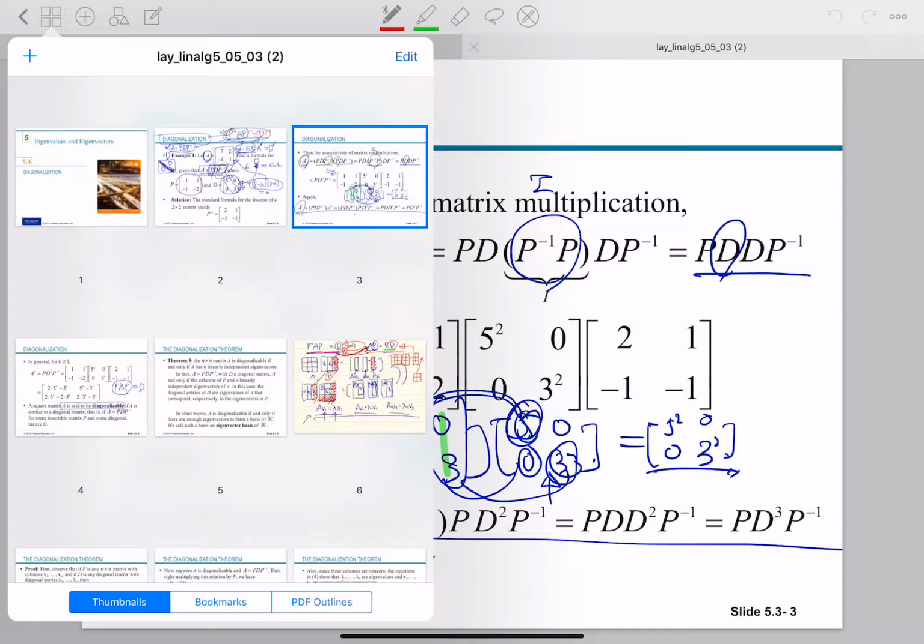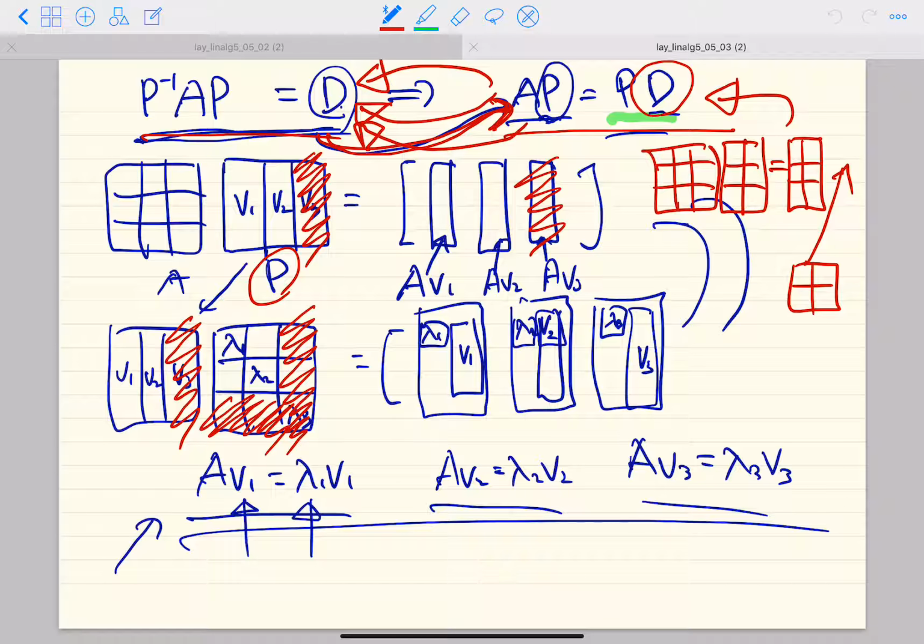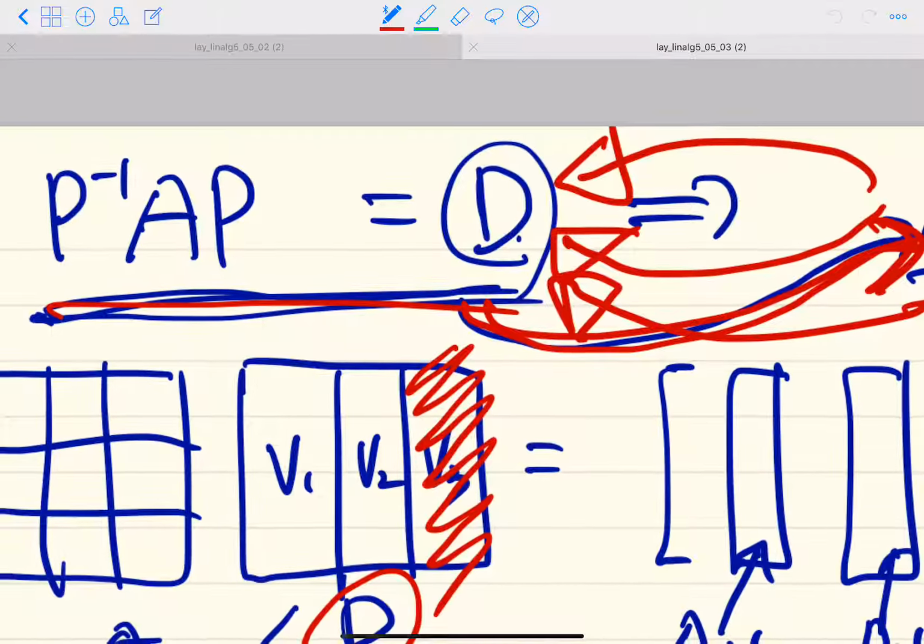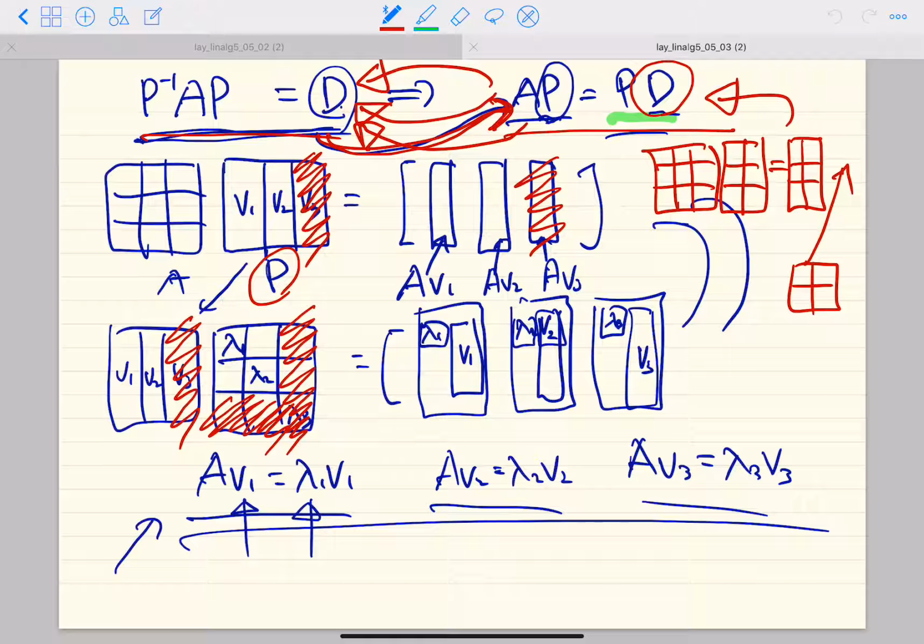But here we studied the requirement on the columns of P and the diagonal elements of D. So given this diagonalization equation, we can multiply P on the right, and it is equal to AP equals PD. If we call the columns of P V1, V2, and V3, then AP is represented in this form, right?